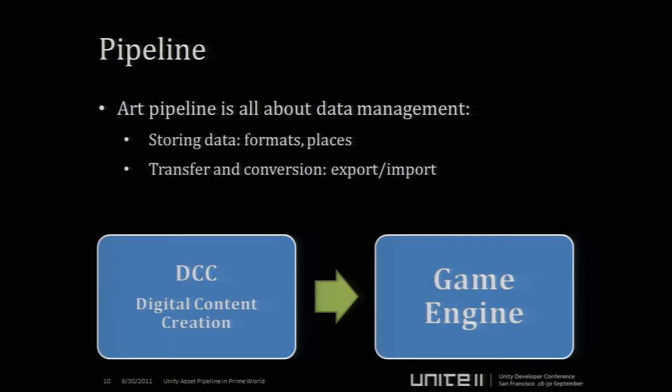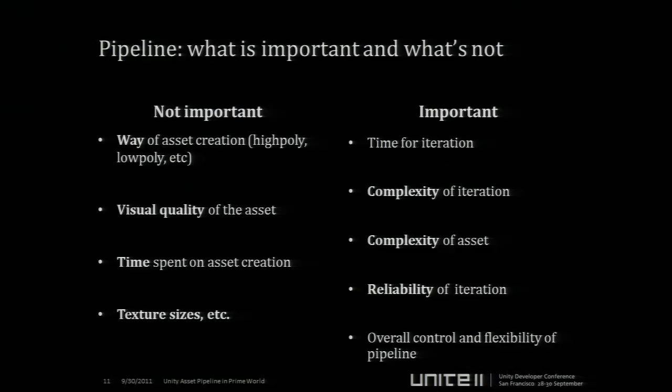Pipeline is all about storing data, so we need to define the formats we're using and the places where we store that stuff. And also we are always talking about the transfer and different types of conversion that we do when we import and export data from the DCC to the game engine.